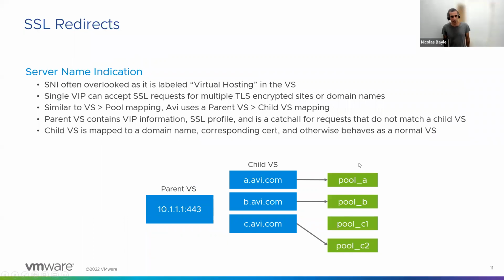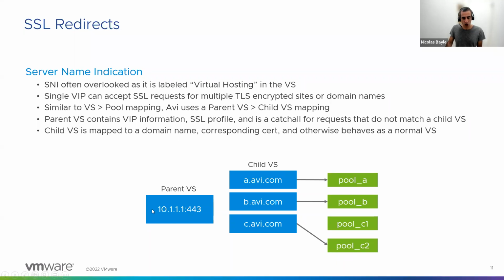Another use case related to SSL or TLS is server name indication. Basically here, you are using one specific VS, and behind this VS, you have other child VS. The traffic is routed from the parent VS to the child VS, depending on the FQDN or the server name indication.